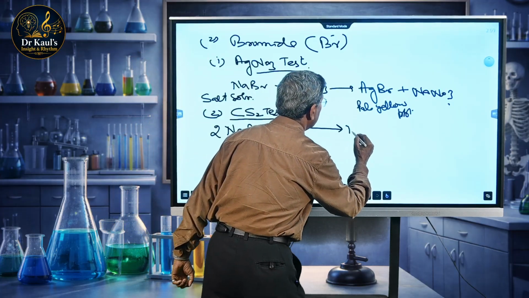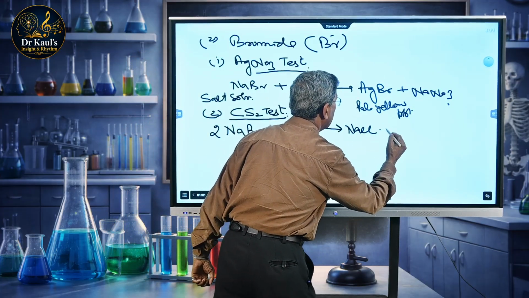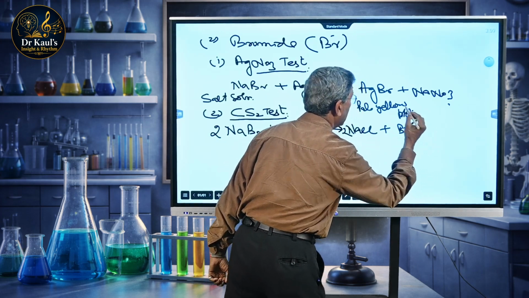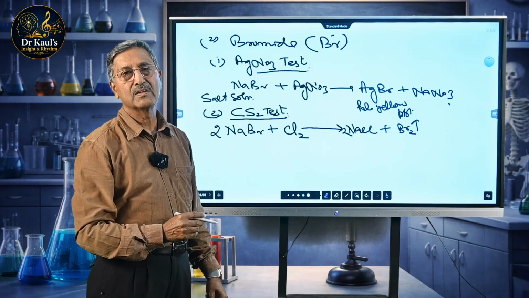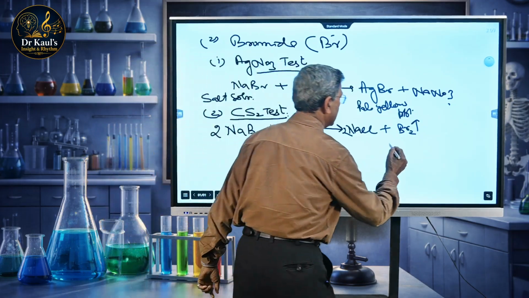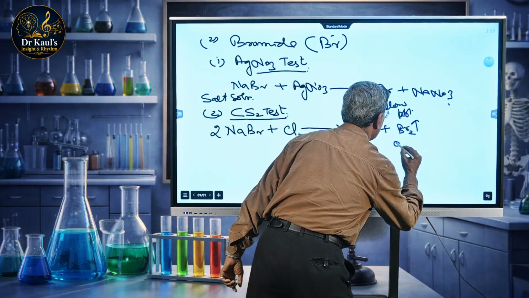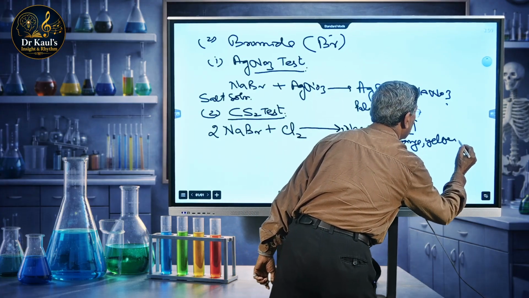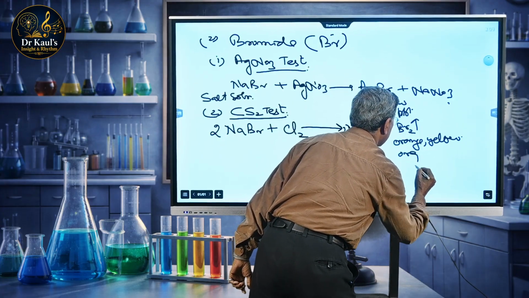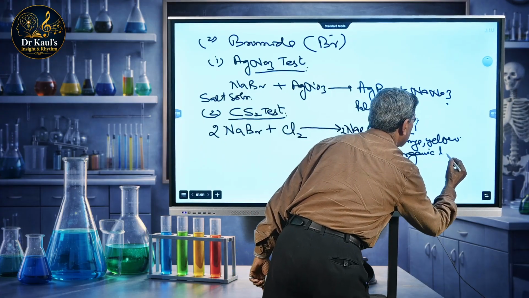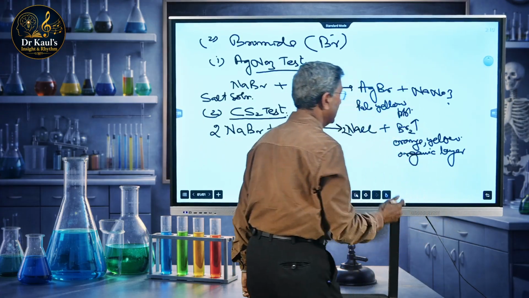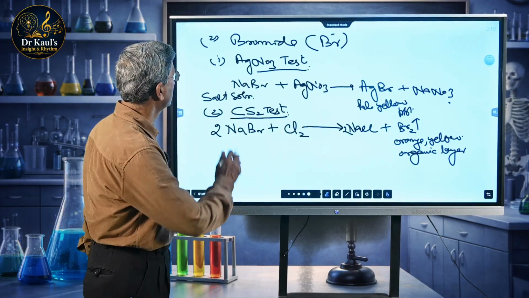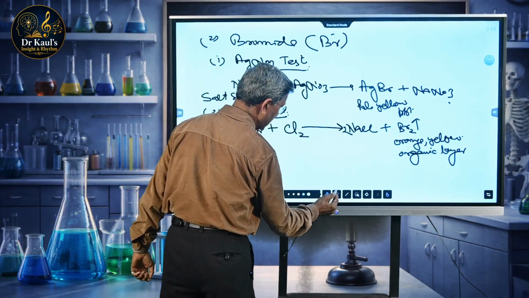So we get the formation of NaCl plus the liberation of bromine. Now when this bromine dissolves in CS2, it gives an orange yellow organic layer. That is, in the CS2 layer or organic layer, we get the orange yellow color due to the dissolution of bromine into that. So this was bromide.